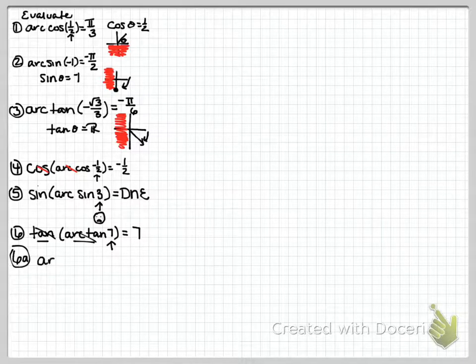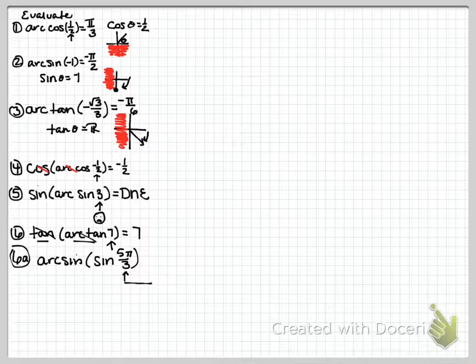Let's do arc sine of sine of 5 pi over 3. Again, your first instinct is probably going to be just, hey, I got arc sine and sine, I can cross them off. But what I have to do is look at this 5 pi over 3. Is it acceptable?